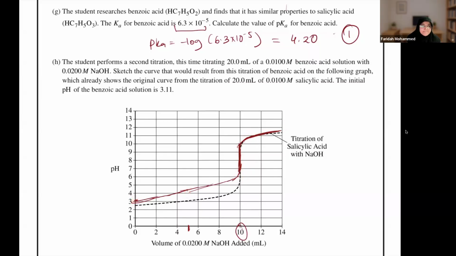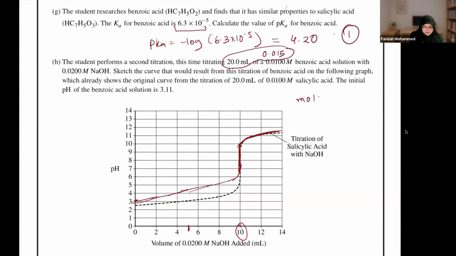Yes, Rihanna? Is it possible to show us an example of how we would do it when the concentration and the other values they gave us are not the same as the NaOH? How would we figure out the equivalence volume? Okay, so let's say we change the concentration of the benzoic acid to 0.015. Now you find the moles of that.